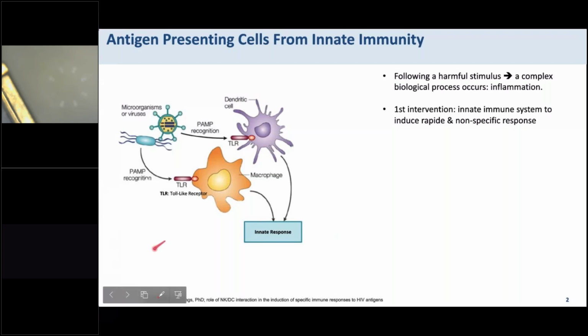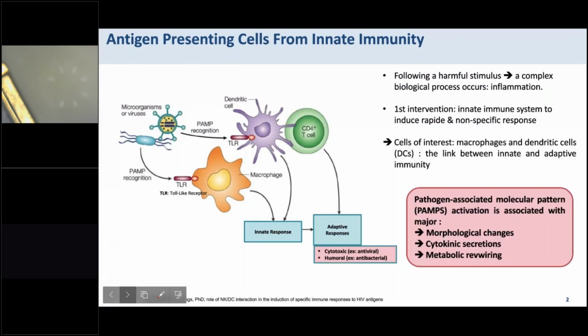During this response, different cells will be actors, and here we are focusing on macrophages and dendritic cells due to their great ability to phagocytose and neutralize microorganisms rapidly, but also because they have the capacity to activate the adaptive response, which is slower and specific to the inflammation.